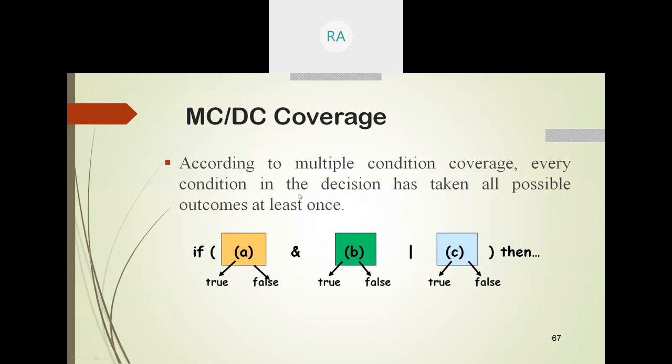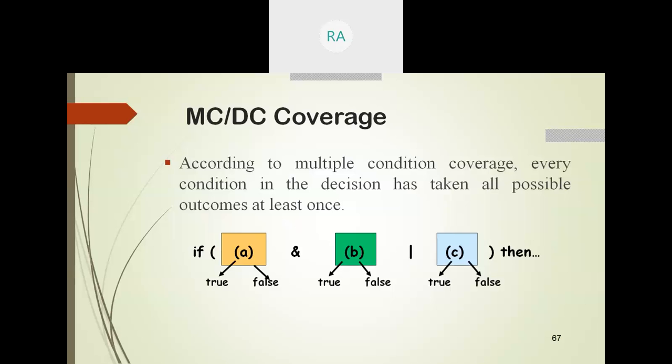See, look at this example. You have an if statement over here, and you have three Boolean variables, A, B, C, and the Boolean operators that I am considering are and, or. Each of the variables A, B, C can also be a condition here, a sub-condition. They should assume all the possible outcomes, that is true or false.